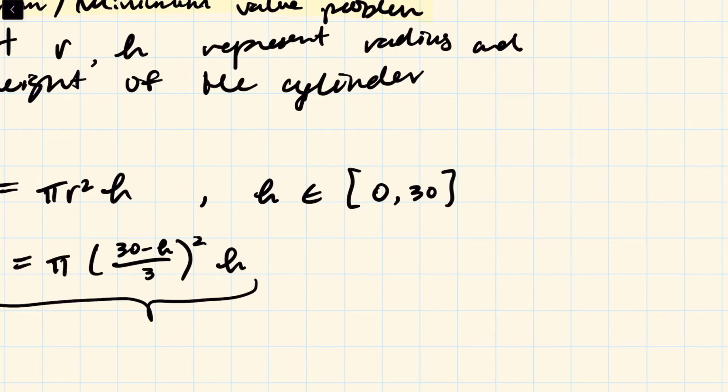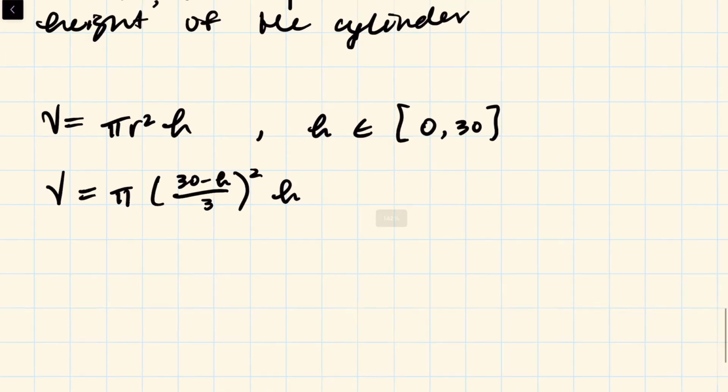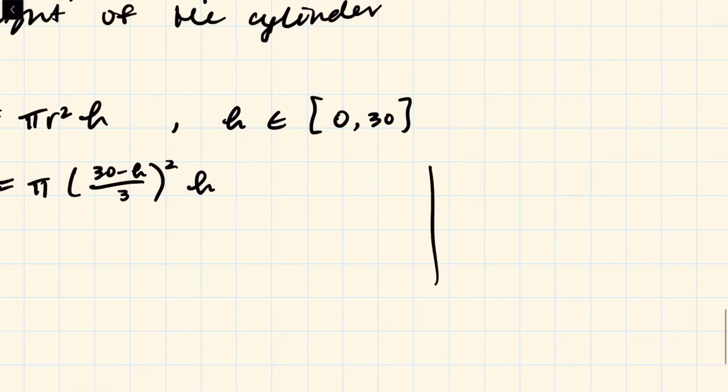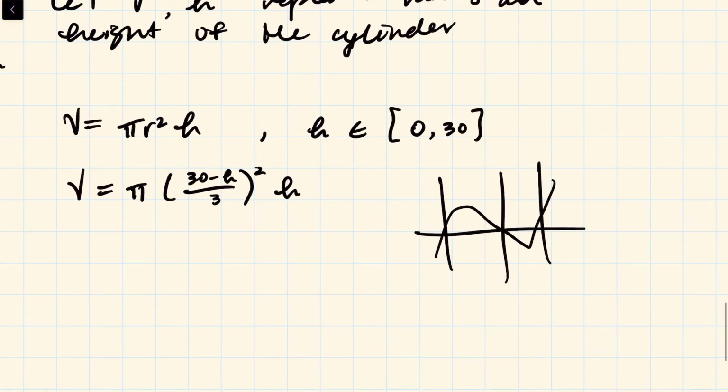So we can picture this as a function, right? And say the graph of this function looks like this. It doesn't, but say this is our domain here, right? We're gonna have a maximum value, right? So that maximum value is gonna correspond to the maximum value of this original function, right?